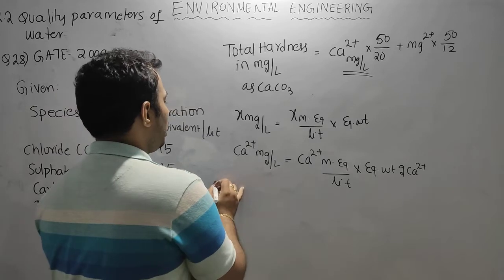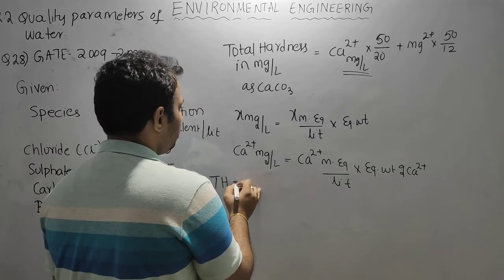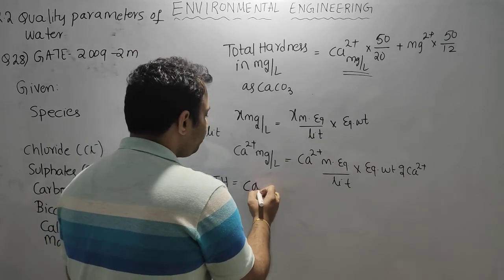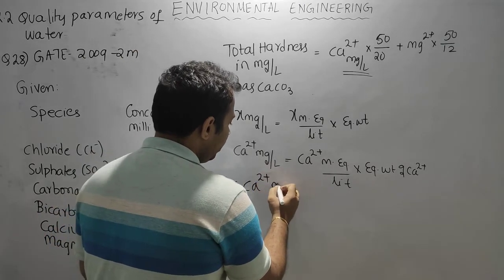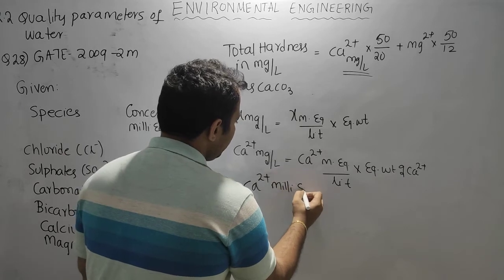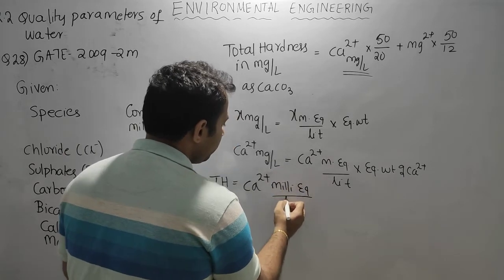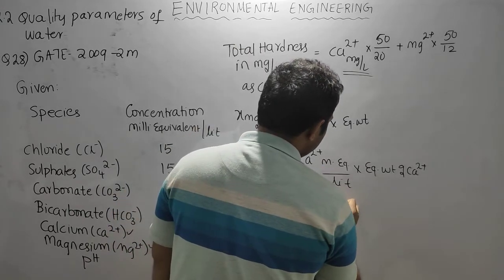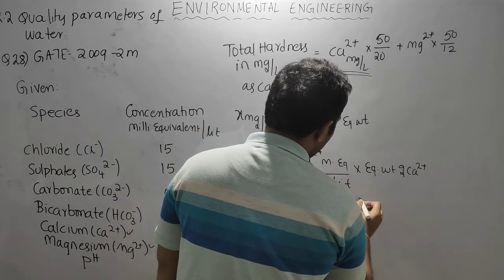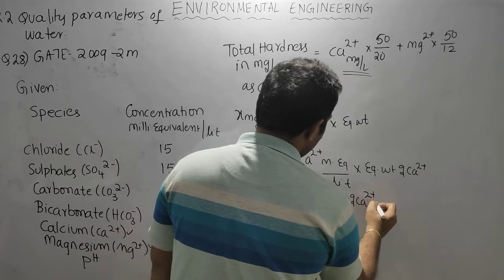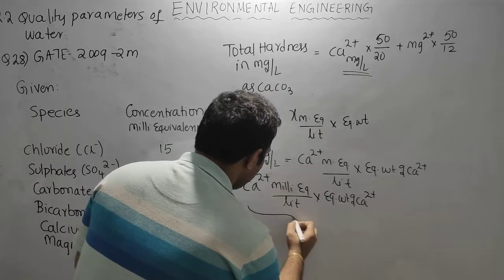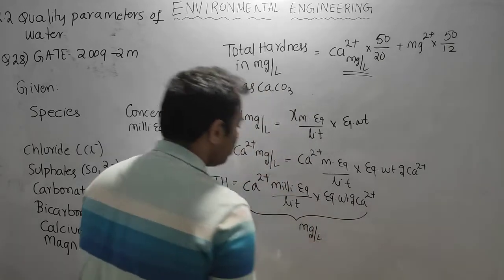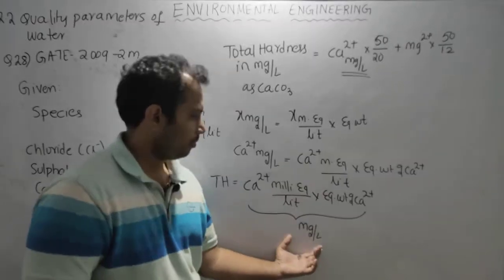So that means total hardness is equal to, so this is for Ca2+, Ca2+ in milli equivalent per liter into equivalent weight of Ca2+. So this is the concentration of Ca2+ in mg per liter.